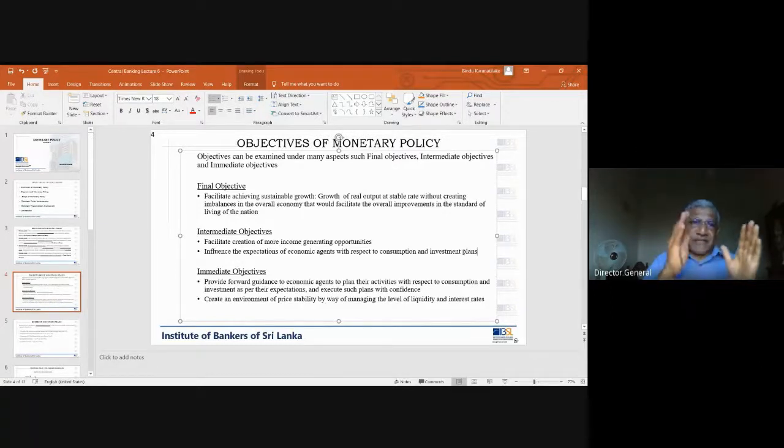In the same way, people can plan. If they think, okay, they have a better situation now, and that better situation will prevail in the future as well, if he is living in a small house with limited facilities, he can plan for a bigger house with better, high quality facilities. That is part of his consumption plan.